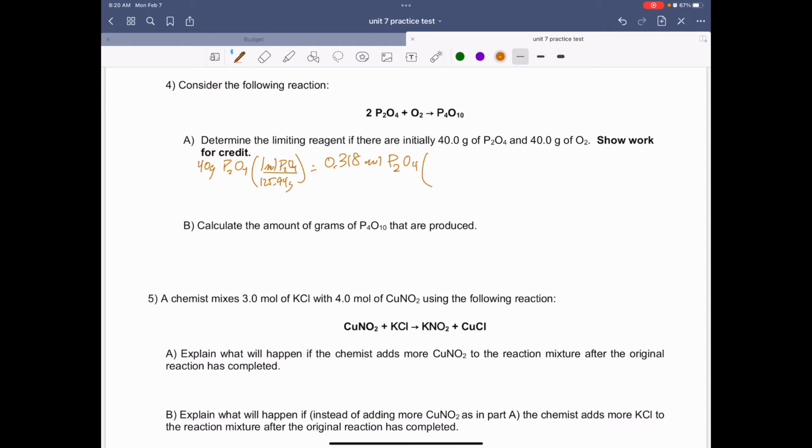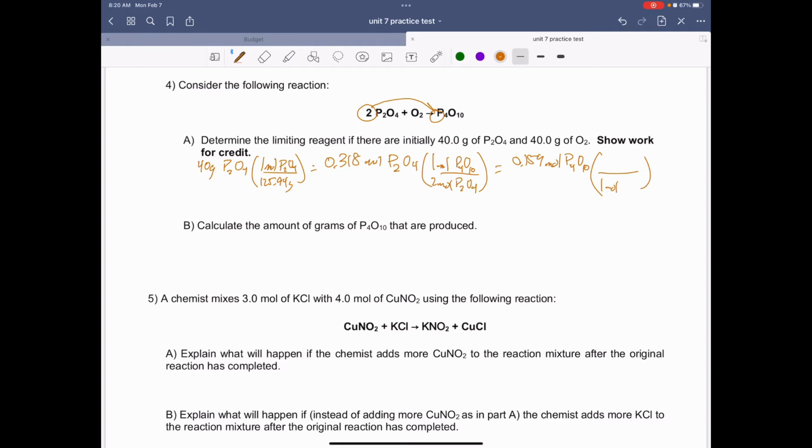Now, the molar ratio between P2O4 and the product is a 2-to-1 ratio. So 2 moles of P2O4 will produce 1 mole of P4O10. That's a big molecule. So I'm going to put 0.318 and divide it by 2. 0.159 moles of P4O10.